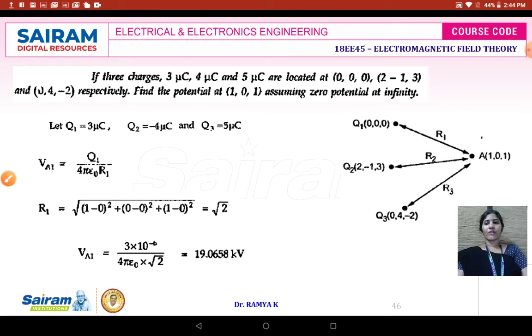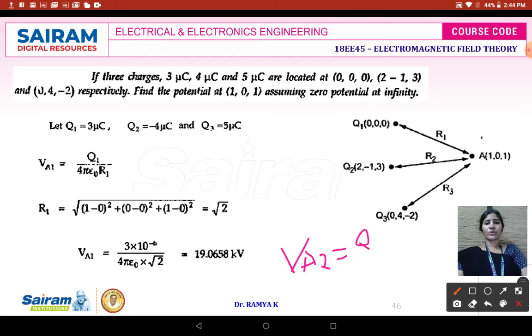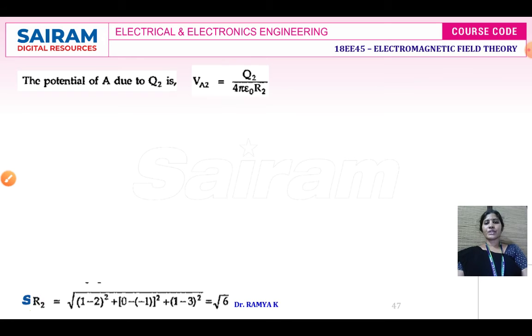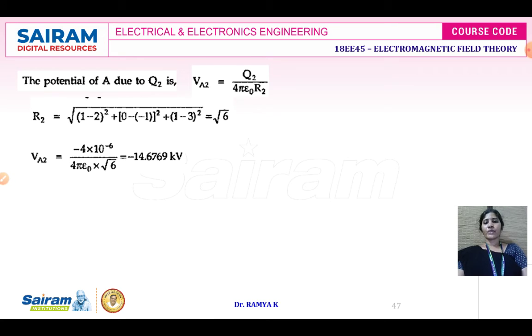Substituting the value of R2, VA2 is equal to Q2, the value of which is 4 microcoulomb, divided by 4 pi epsilon R2. After substituting, we got V2 is equal to 14.6769 kilovolt. In the same way, you need to identify the value for Q3: Q3 divided by 4 pi epsilon R3.